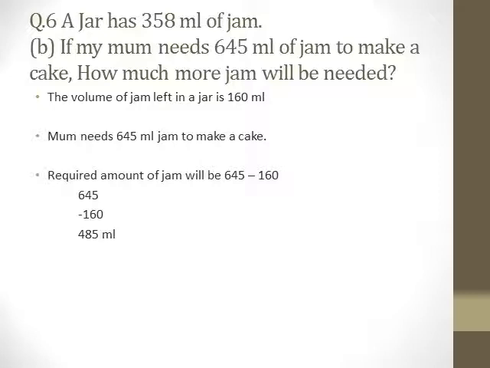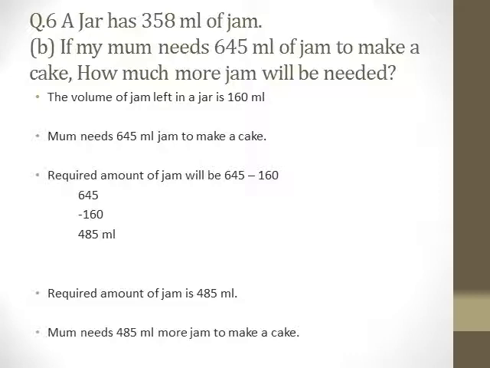So it is 485 milliliters, and you can say the required amount of jam is 485 milliliters. And how much more jam will she need? The question was asking you, so you will say mom needs 485 milliliters more jam to make a cake.